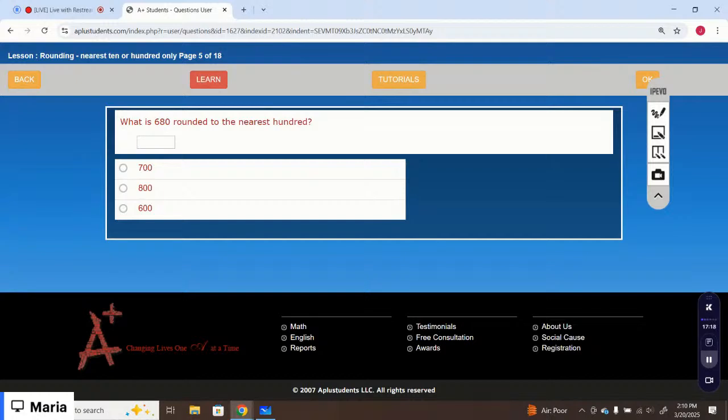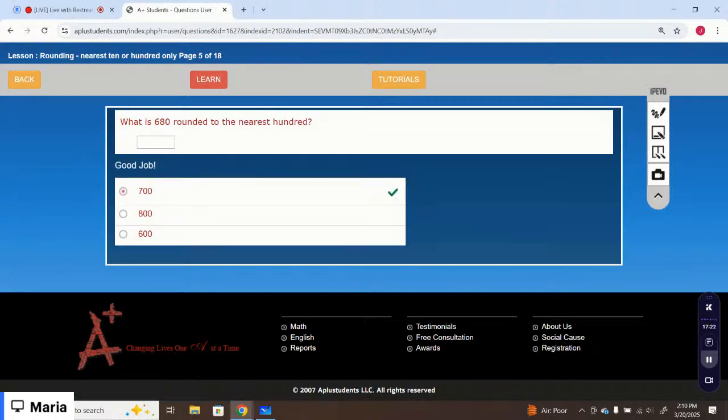680 is rounded to 700. Very good. Option number 1 is the correct option.